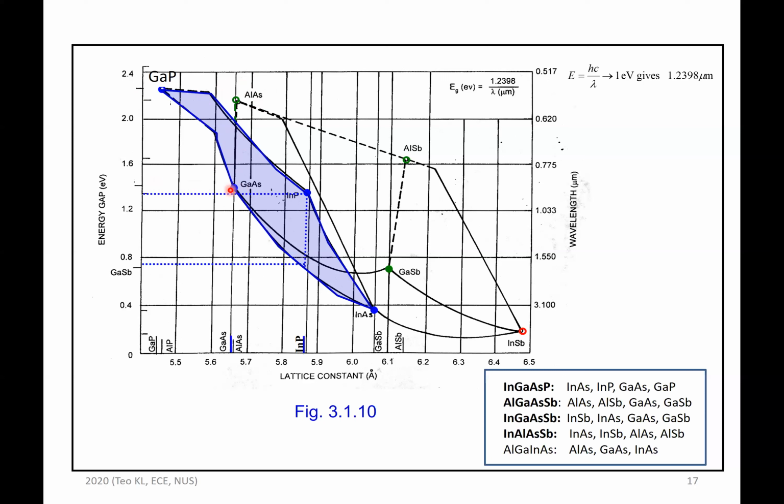But I must find an appropriate substrate in terms of lattice constant such that I can have lattice match and grow aluminum gallium arsenide.